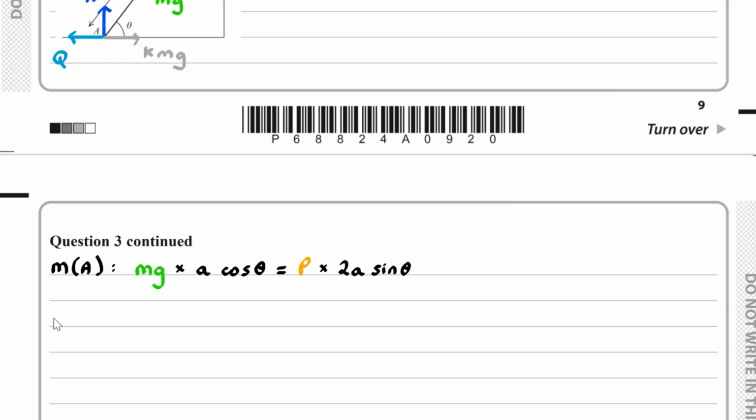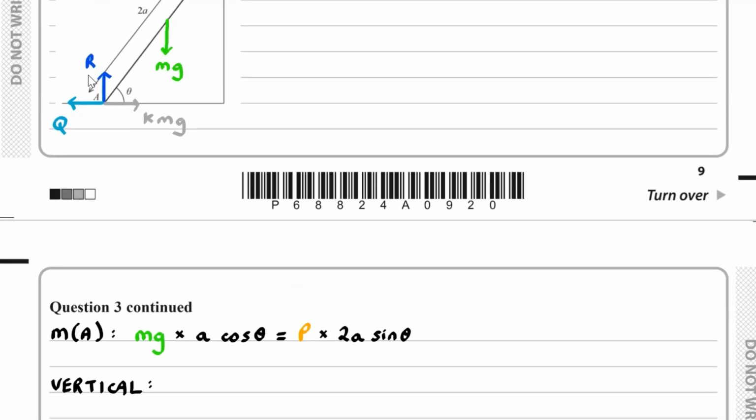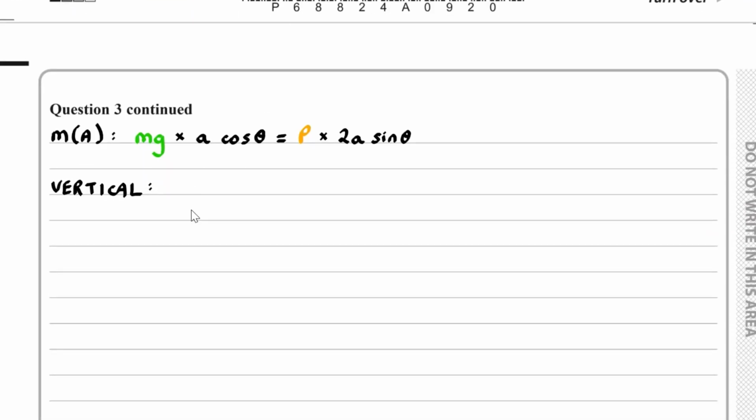Now, if we resolve vertically, we have R equaling mg. R is equal to mg.